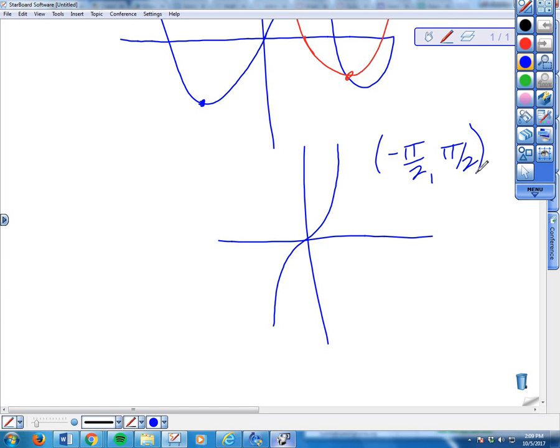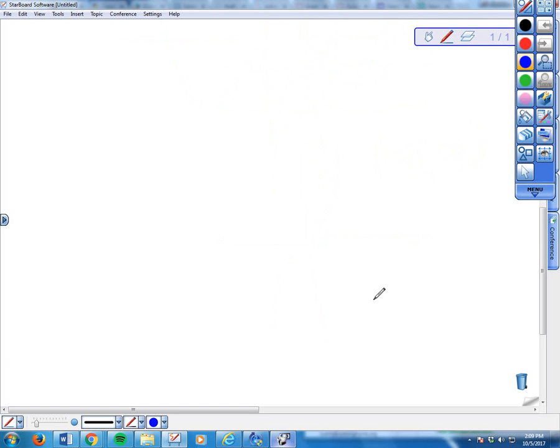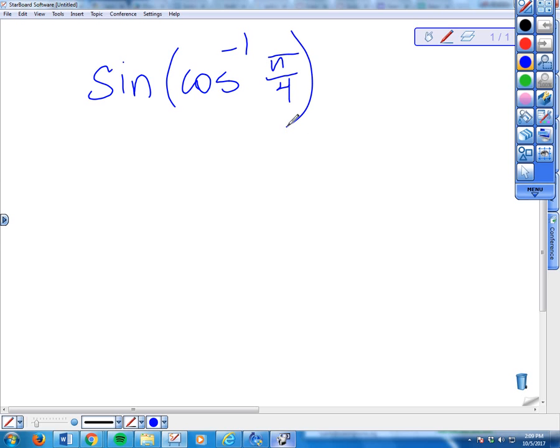Okay? Now, when we get into actually looking at functions, let's do that. That can't be a pi. Remember, what does this represent?